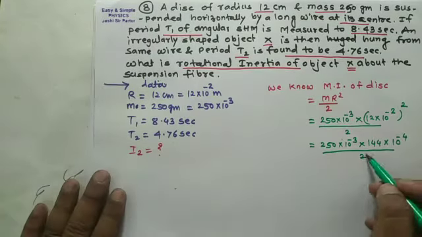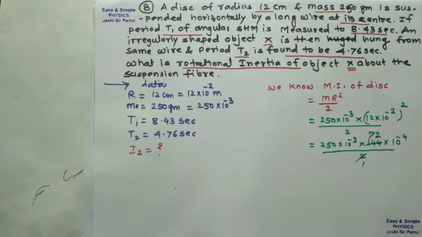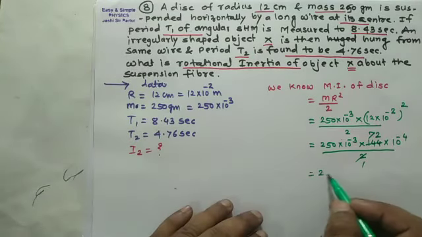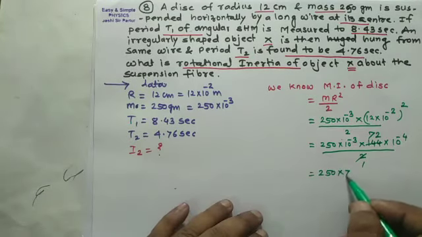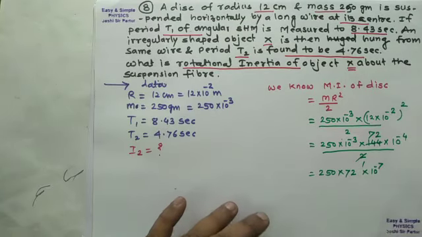What happened? 2 1 the 2, 2 7 the 14, and 2 2 the 4. So here 250 multiplied by 72 multiplied by 10 to the power minus 7.